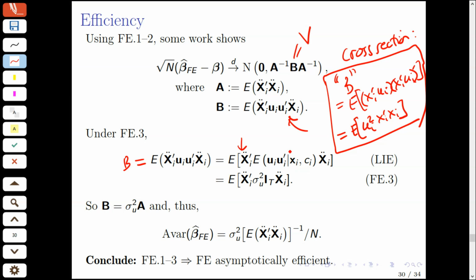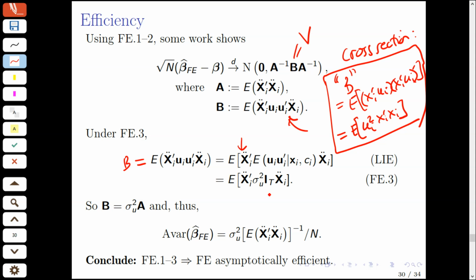So we can pull the inner expectation inside until we hit the product of the u_i. And under FE3, this matrix, or the inner expectation, just reduces to a scalar matrix, that is, the identity up to a proportionality factor, sigma squared u.